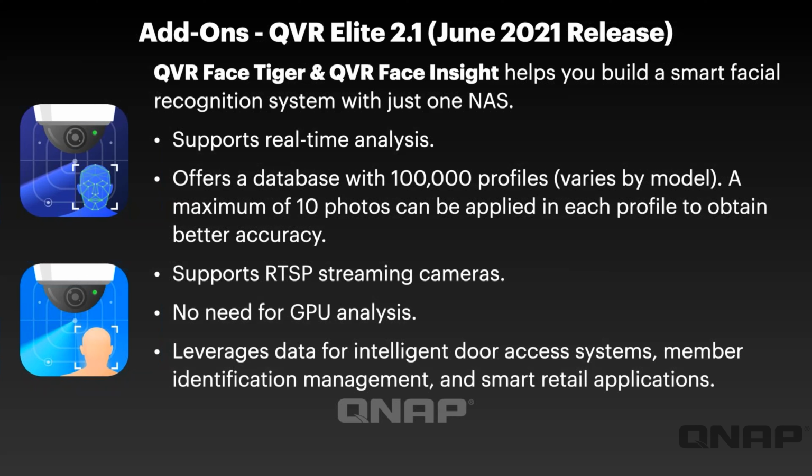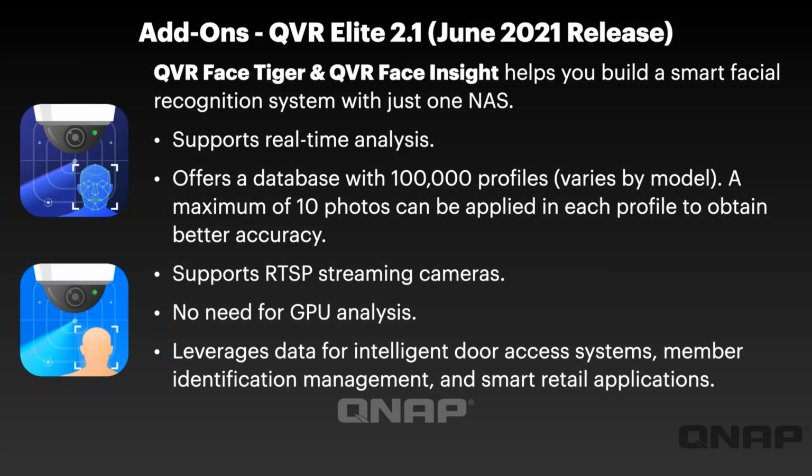You can do large databases of different profiles. It depends on the model as to how many profiles you can set up. But then you can apply multiple photos to each profile so you can get better accuracy. It doesn't do GPU analysis or anything like that, so you can run this on a NAS that doesn't have a GPU built in.